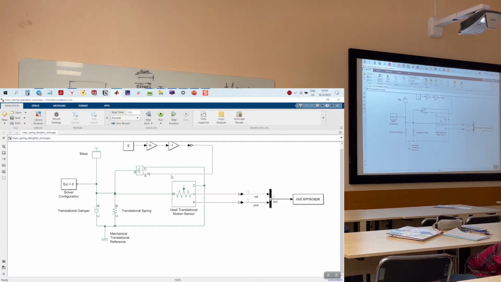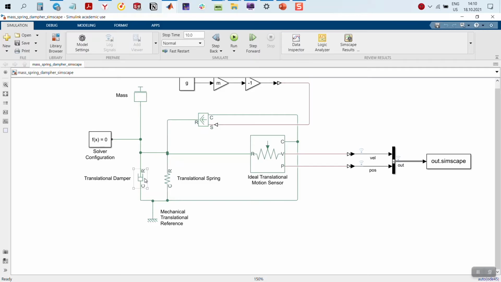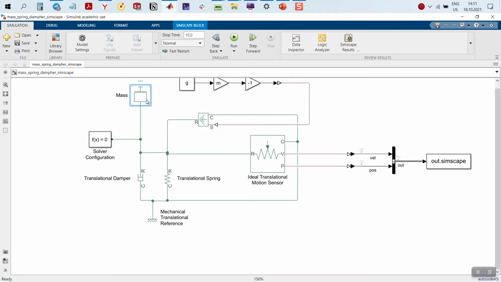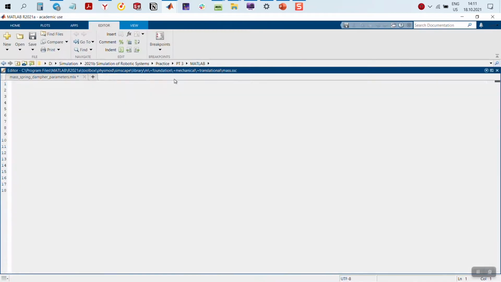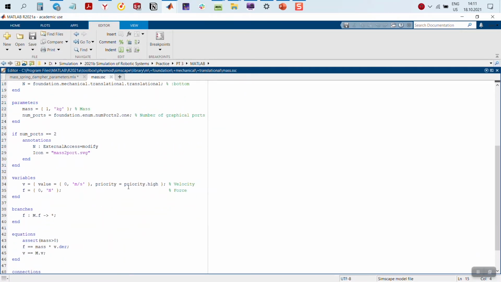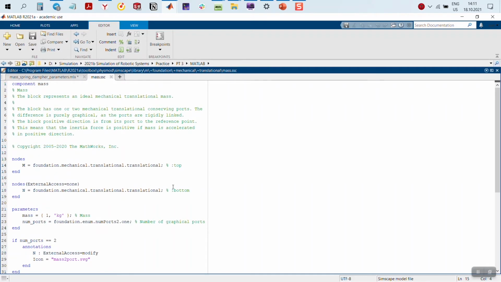And the beauty of these Simscape blocks is that you can go inside, for example, mass, and you can see your source code. If you consider all the script, the notation is different, but here you also can see equation for the velocities, for the flows, equation for the efforts, for the forces, and you will see it if you consider all the blocks.